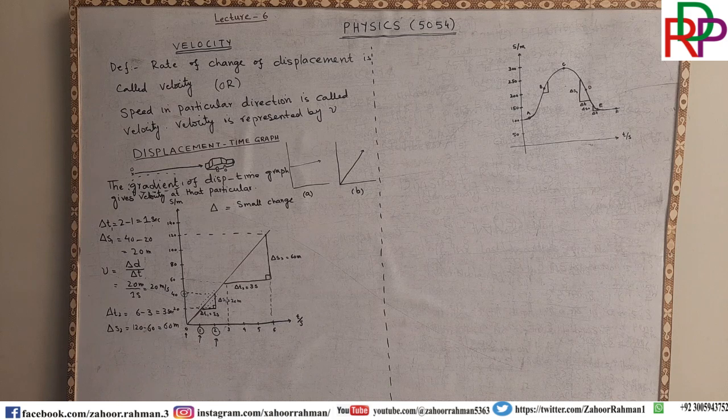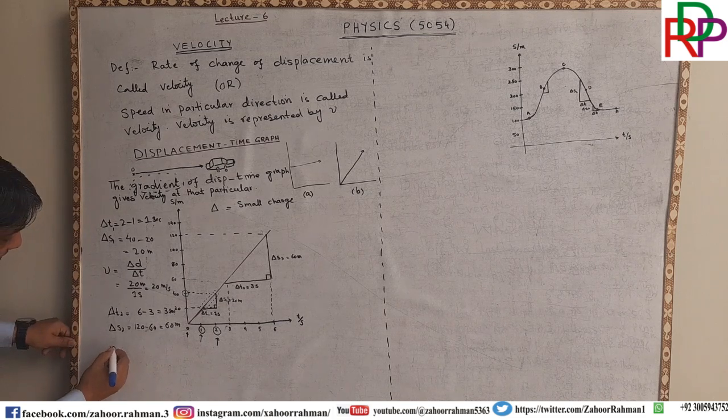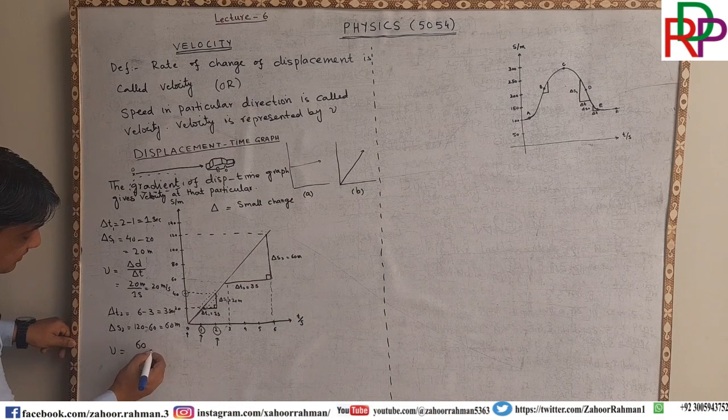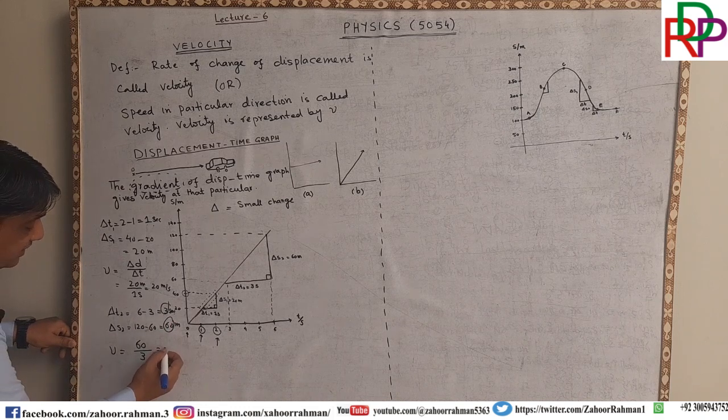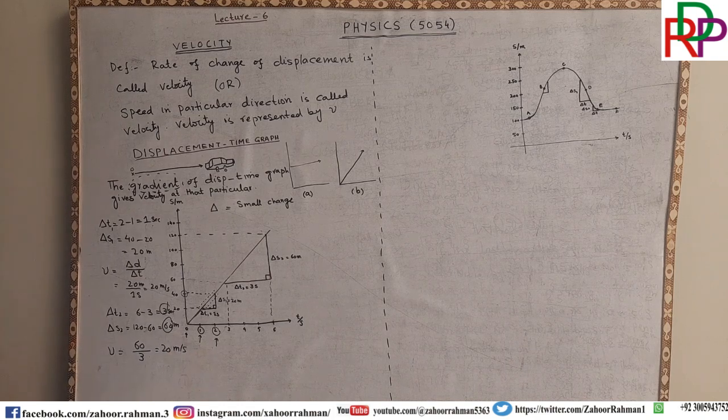Now if we want to find the velocity, then 60 divided by 3 is equal to 20 meter per second. Again, 20 is here and 20 is here.